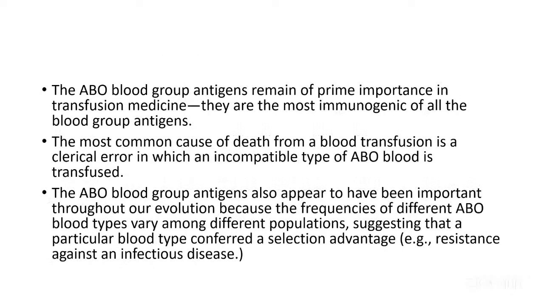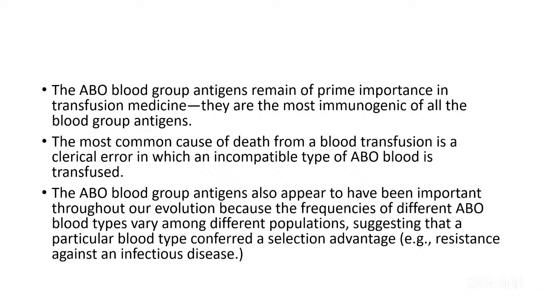The ABO blood group antigens remain of prime importance in transfusion medicine. They are the most immunogenic of all the blood group antigens. The most common cause of death from a blood transfusion is a clerical error, in which an incompatible type of ABO is transfused.